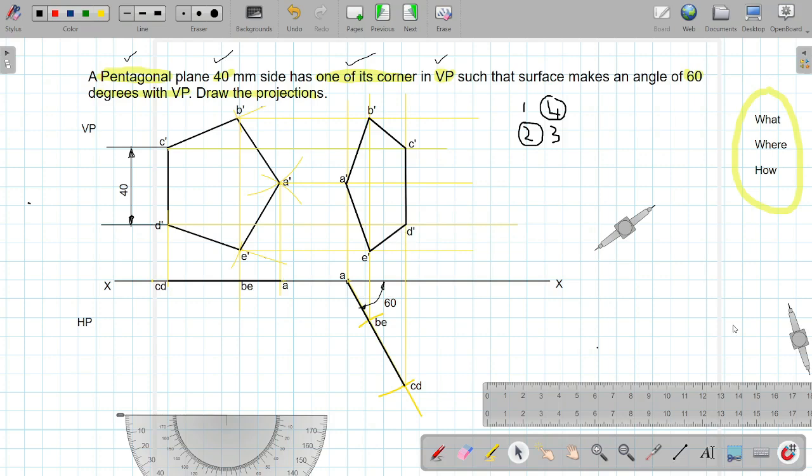So with this we have completed the question given wherein a pentagonal plate was resting on one of its corners in VP and the surface was inclined at 60 degrees with the VP. So hope you have understood the solution. Thank you.